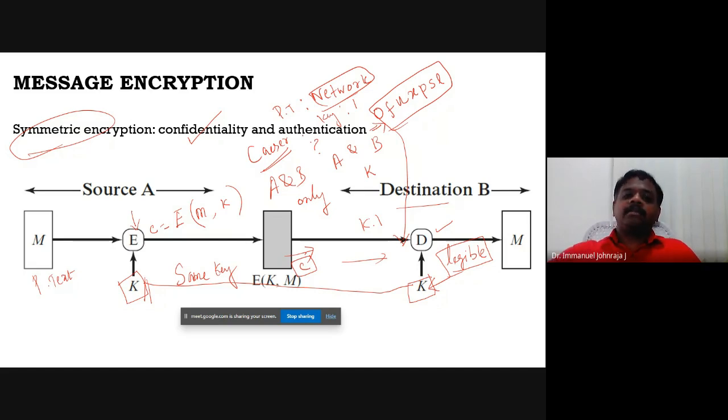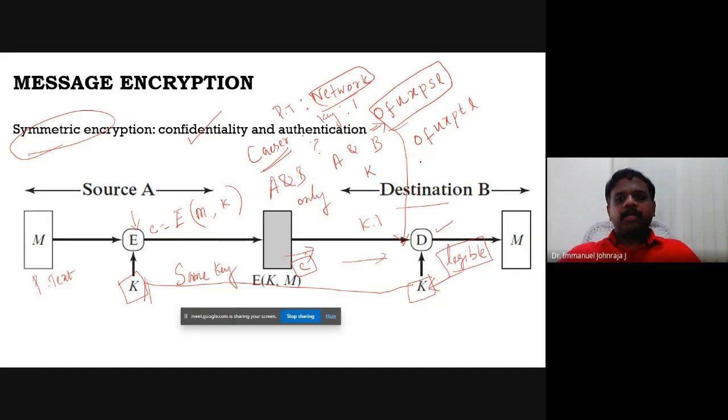Let me take the example like this. Instead of OFUXPSL, he has received a message like this: OFUXP, and instead of S, he gets T and L. Now, if you use the key value as 1 to decrypt it, what will be the answer?